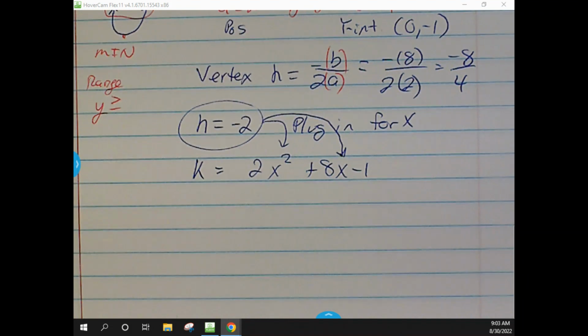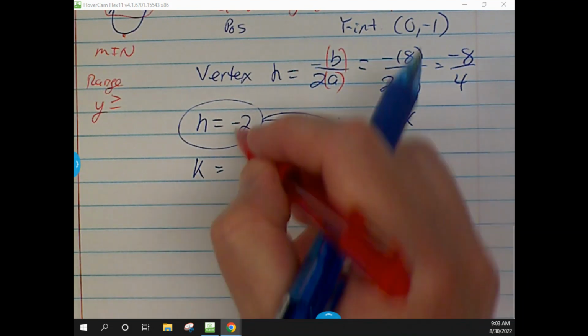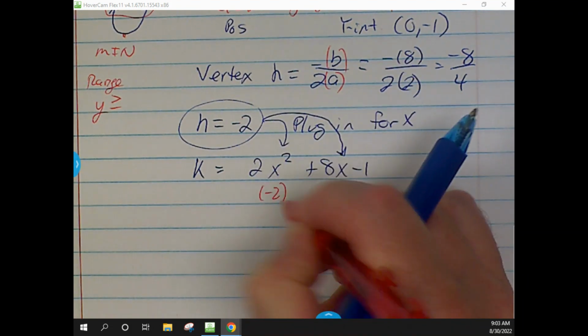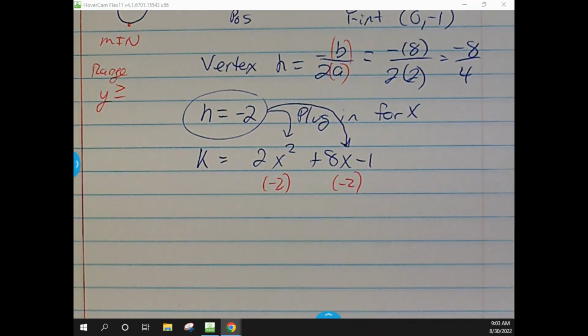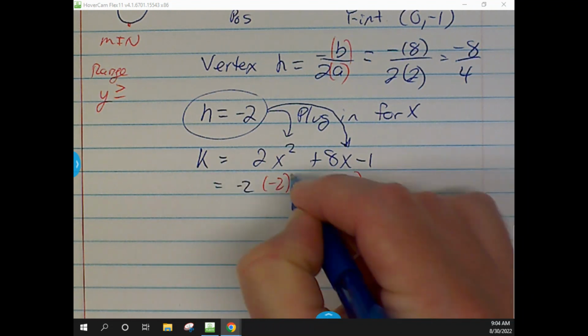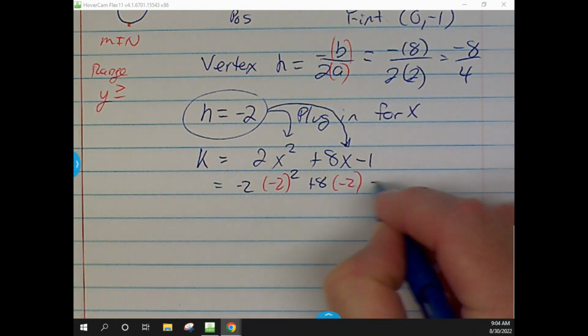Again, every time you plug in a number, put that number in parentheses. I know sometimes it's overkill to do that, but a lot of times it's not. And then everything else goes out around it.